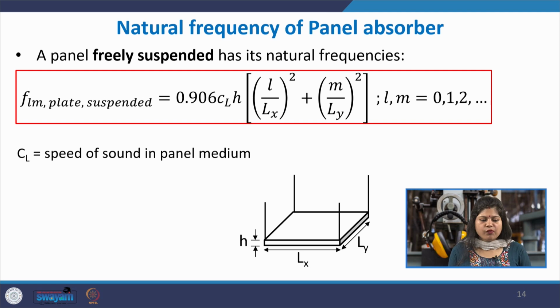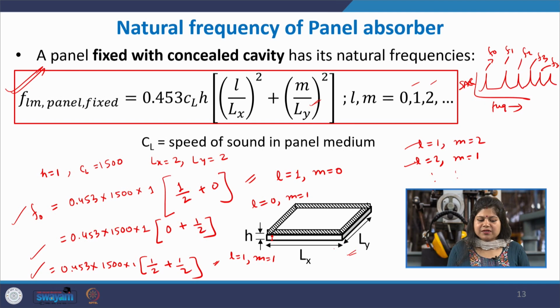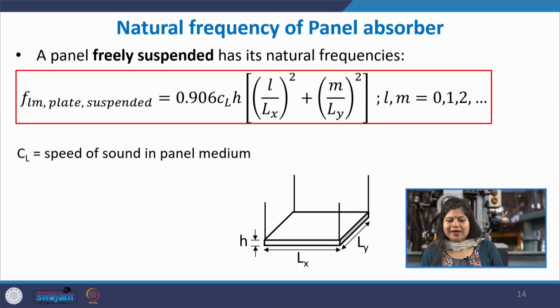In the same way, for a freely suspended panel we have a similar kind, just twice of whatever value you obtain for a fixed one. Once again you can put L equal to 0, M equal to 1, M equal to 0, L equal to 1, and slowly putting in these different integers you can get the different set of discrete frequencies, which are the natural frequencies of the panel. If the incident frequency is any of these natural frequencies, then the panel will act as an absorber.